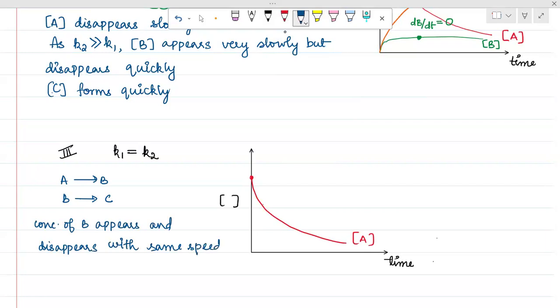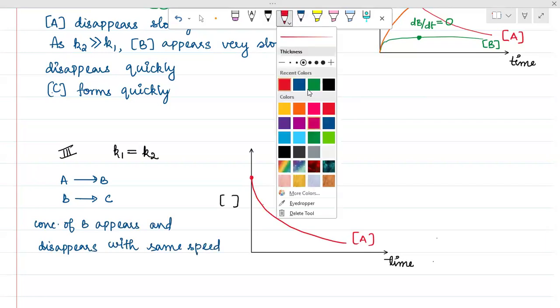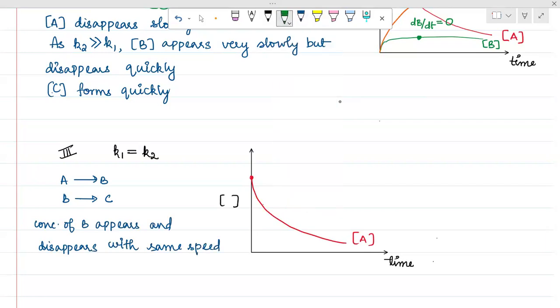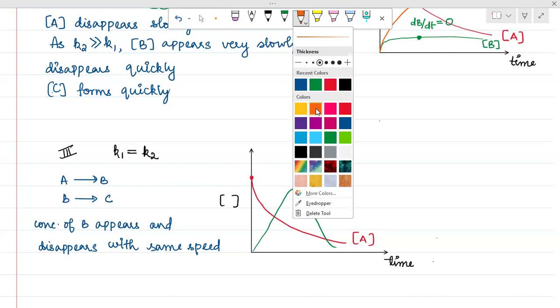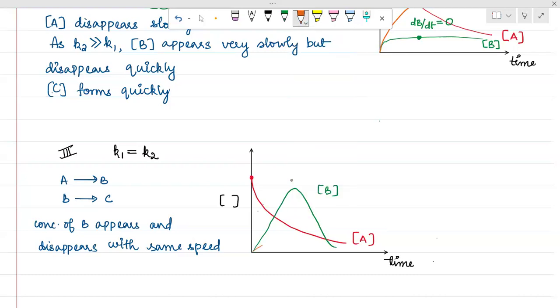Because K1 and K2 are the same, you can plot it so that it forms with a speed and degrades with the same speed. Almost the same slopes on both sides, one increasing and the other decreasing. This is the concentration of B. And for C, it is being formed. That's it. You can show it like this. Okay. All right.